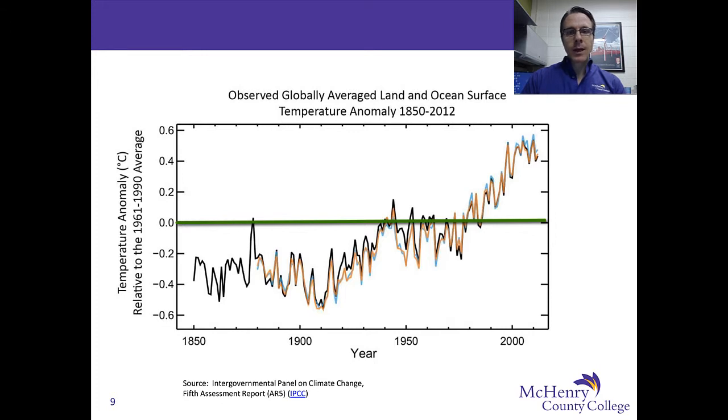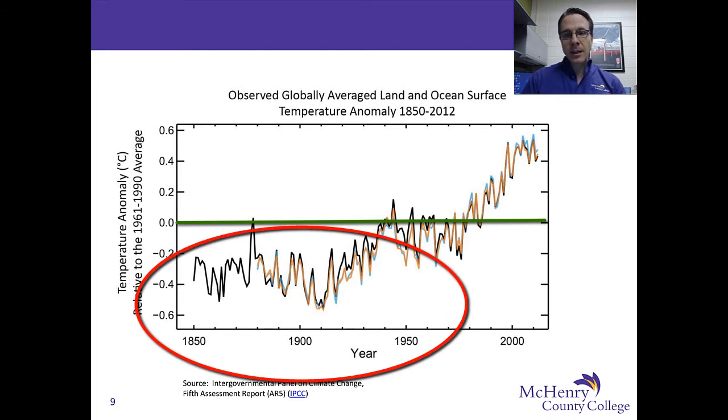So when we look at the time span here, we can say that from 1850 to 1900, 1900 to 1950, Earth's globally averaged land and ocean surface temperatures were relatively cooler than the 1961 to 1990 average.